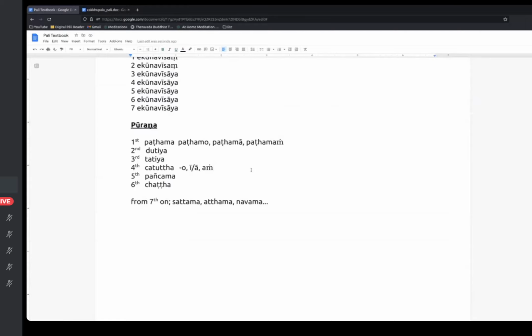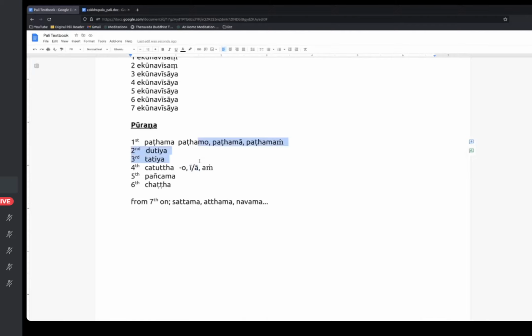Not all of them. Yeah, it gets complicated, but be aware the main complication is in the feminine. The neuter and the masculine are pretty standard, but in the feminine, some of them only take E, some of them only take A. Most after Chatuthi will take the E, but some of them don't take the A.